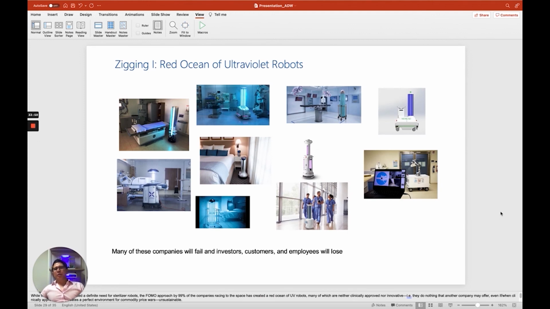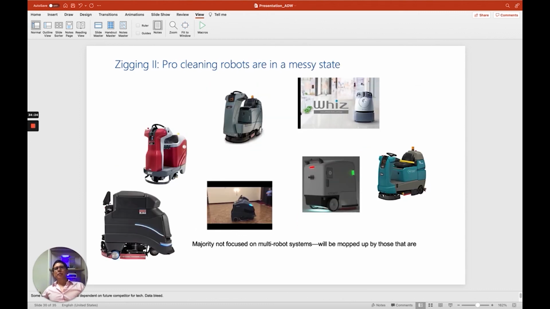So zigging one: there's a red ocean of ultraviolet robots. Everyone wants to put a light on top of a mobile robot. It's just flooded, and most of these companies will fail. So the companies will go under, and investors and their employees will lose. And also with professional cleaning robots, this is also turning into a giant mess.